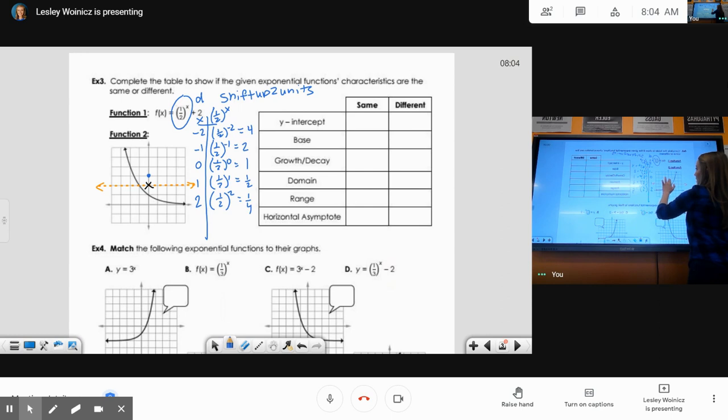Okay, left 1 up 2, left 2 up 4. Ooh, barely fits. Okay, and then right 1 up 1/2 from my asymptote, and right 2 up 1/4. So this is my graph.